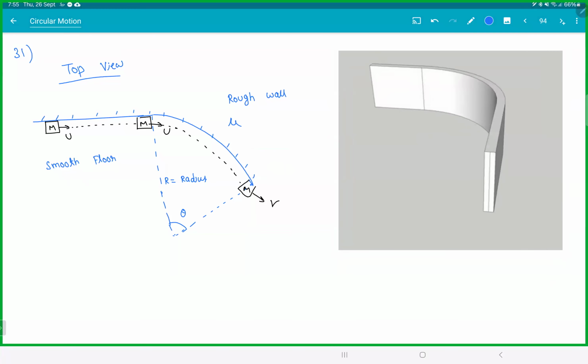The track is like this. So our block is like this, mass m. It enters here with speed u. Then it drags on the wall. And then when it comes out with v. Making sense, Albertus?